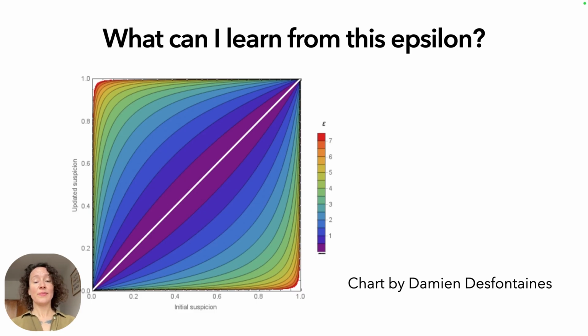This chart is by Damien Desfontaines, and Damien built this beautiful chart. I'll talk about his work a little bit later when we get to auditing, but this chart is an amazing view, I think, of what we call very advanced attacks. So this is an advanced attacker in a potentially worst case situation. What can they actually learn from Epsilon?